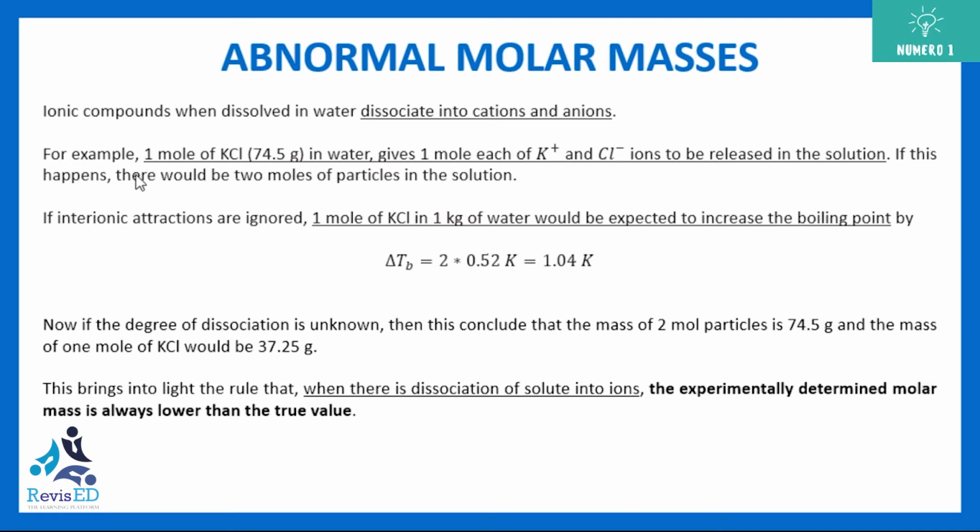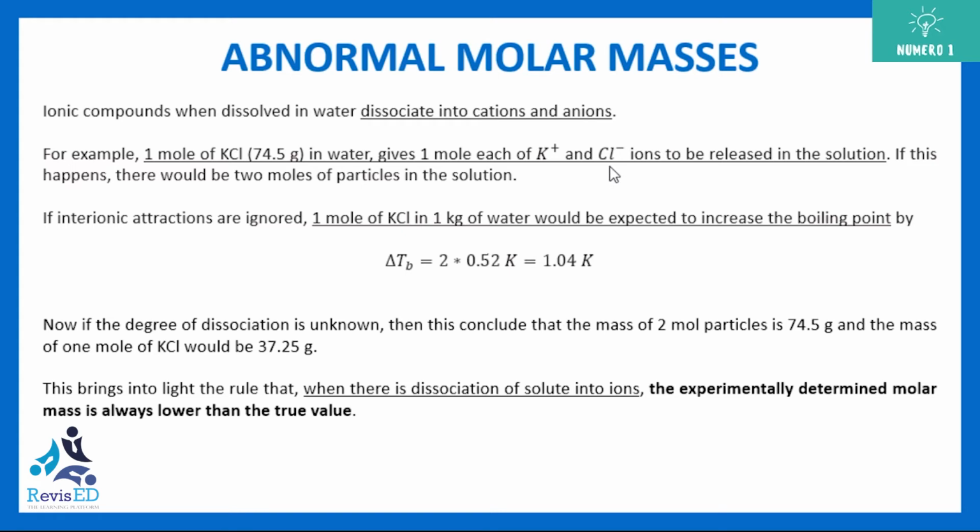Here we know that if we are putting 1 mole of KCl, the effect should be of only 1 mole of KCl. But since KCl is actually getting dissociated, in the form of K plus and Cl minus, in the solution we get 2 moles of solute. We put in 1 mole and we are getting 2 moles of solute particles.